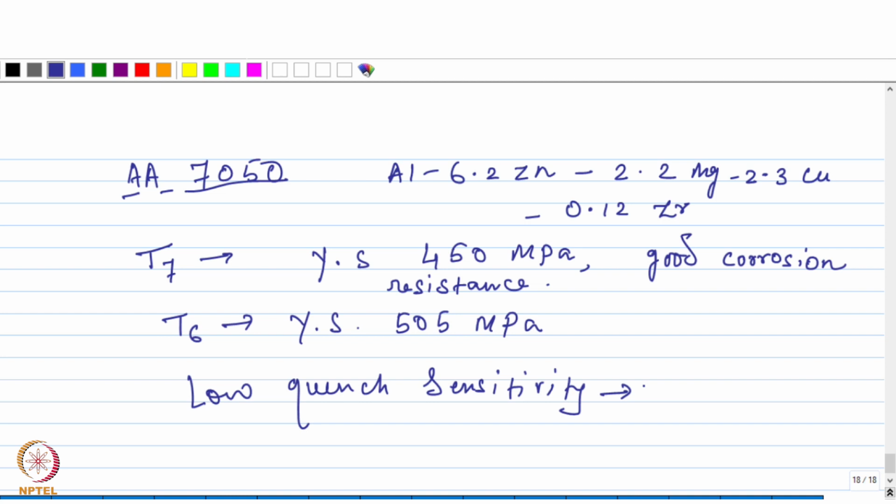So the thickness is not really a big factor in this case, because there could be materials which have high quench sensitivity, and for such materials it may be difficult to quench uniformly all across the thickness if you have a higher thickness or a bigger section, right? But in this case, that is not a problem because of the low quench sensitivity of the material, and therefore thick forging can be easily quenched in water.